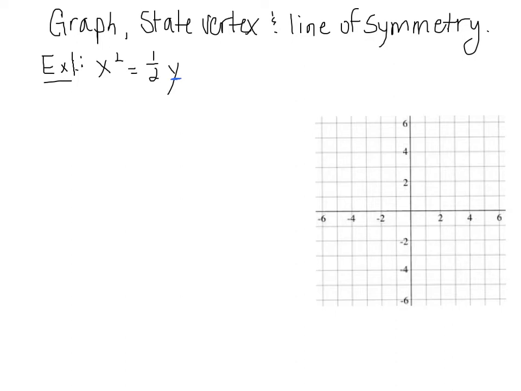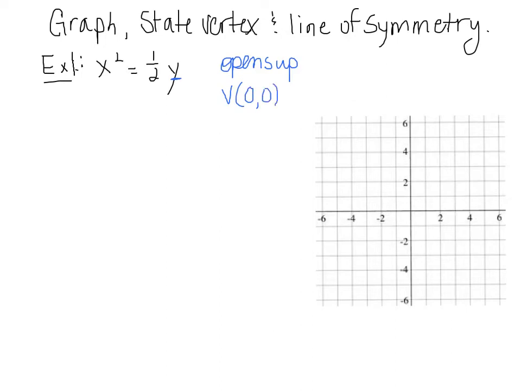Because the ½ is positive, this would be opening up. The other thing that I want you to get from the standard form is the vertex. Remember, the vertex is with the x and y, and since I have no number with those, my vertex is just (0, 0).